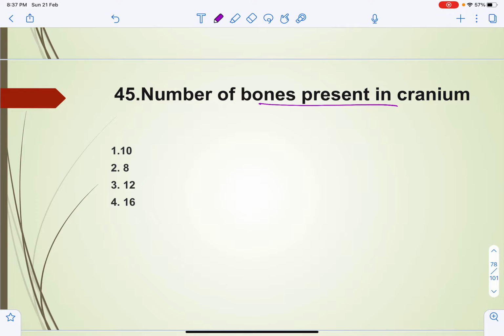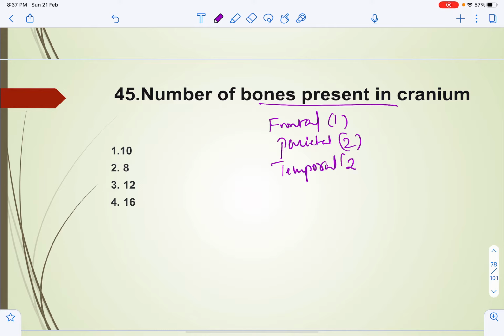In that brain box we can see the frontal 1, parietal 2, temporal 2, and the occipital 1. So total you can say 6, and along with that, sphenoid 1 and ethmoid 1.